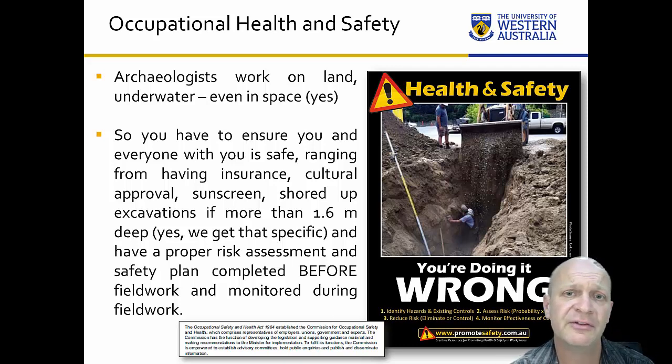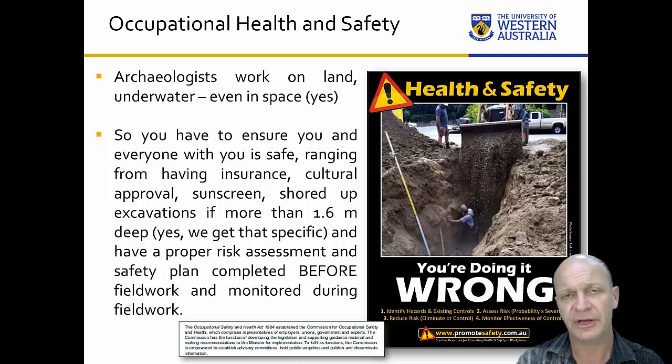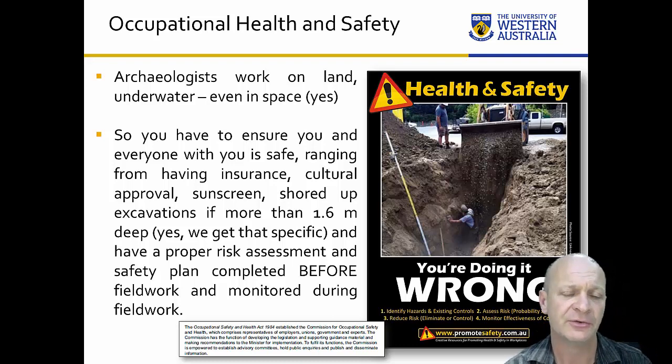When you excavate, the WorkSafe Act says if you go below 1.6 meters, you have to have professional shoring. So you have to have a risk assessment and a fieldwork plan in place before you go to the field. You've got to anticipate what the possible hazards can be and how you will mitigate that. And you've got to inform everyone on your team about that.